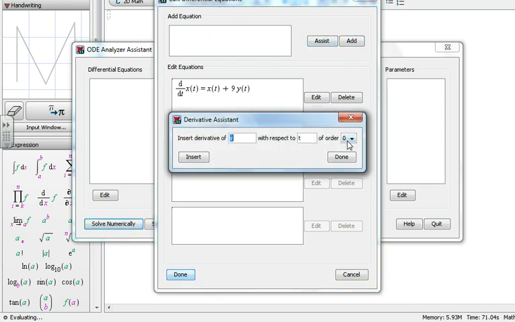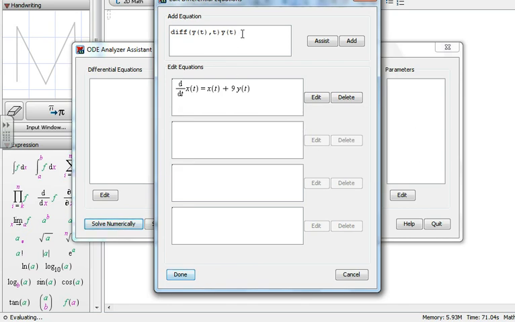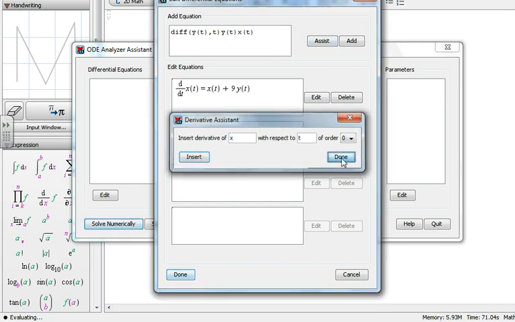Okay, I want y, a first derivative, y, no derivative, and then x, no derivative with respect to t. Where did the x go? I missed it because I hit the wrong thing.